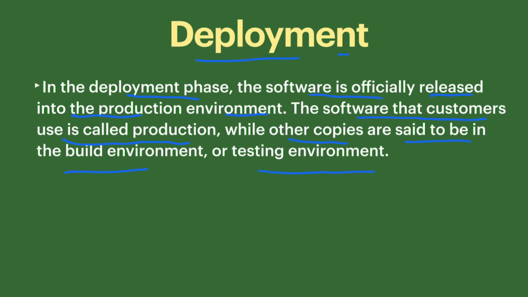If the software is a mobile app, we release the app on the App Store or Play Store, and if the software is a website, it can be deployed on a domain. Actually we release the software for production. Production can be of different types, depending on the software we are creating.